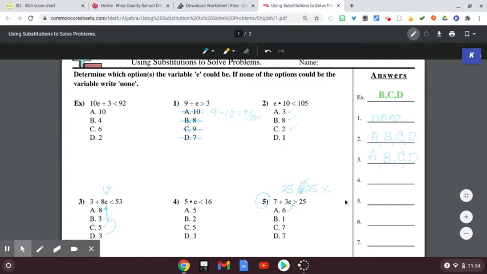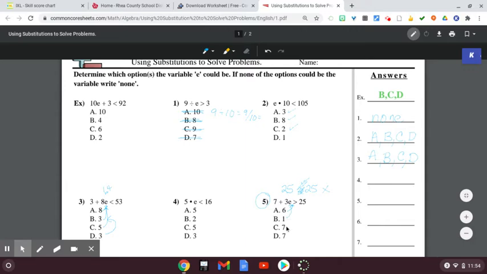But since this is not, 25 is not bigger than itself, we cannot put A up over here. Okay, so if it comes to being something that is exactly the same, it cannot be equivalent to it. So if we put a 1 over here, 3 times 1 is 3, 3 plus 7, yes. Actually, 10 is not greater than 25, so we can't put 1 right there as well.